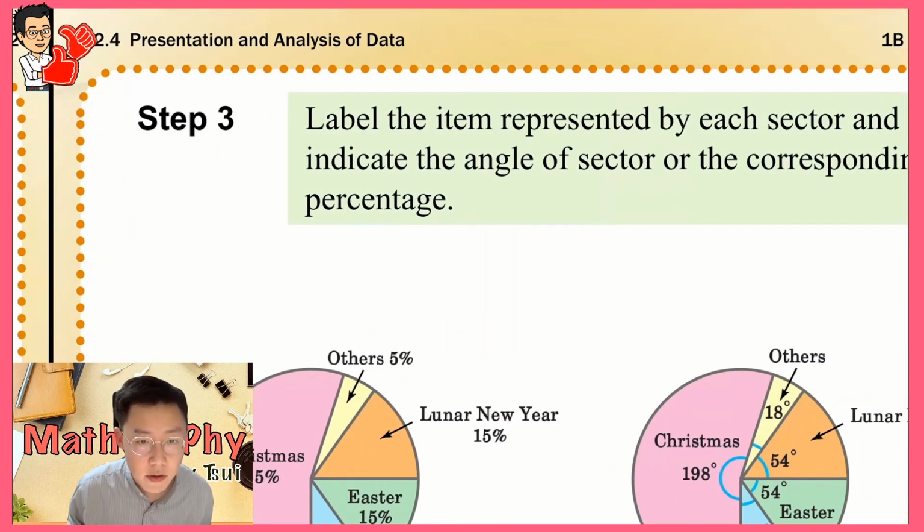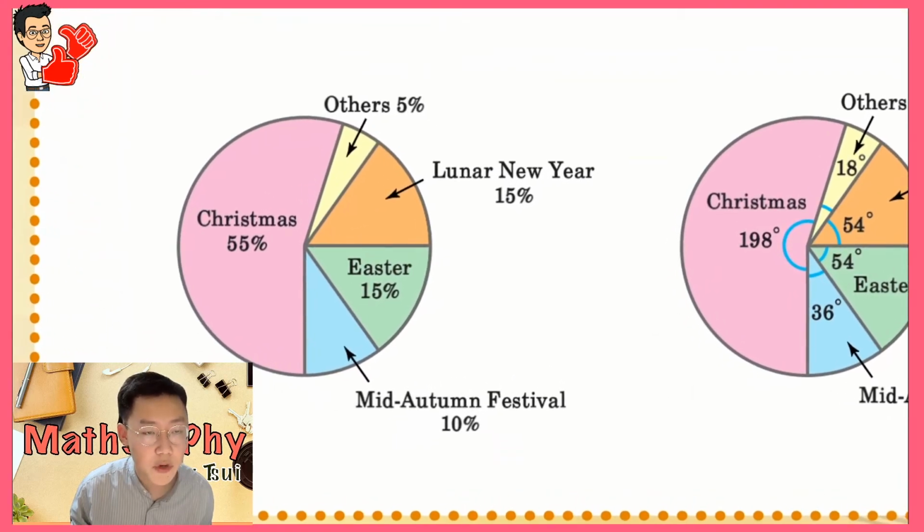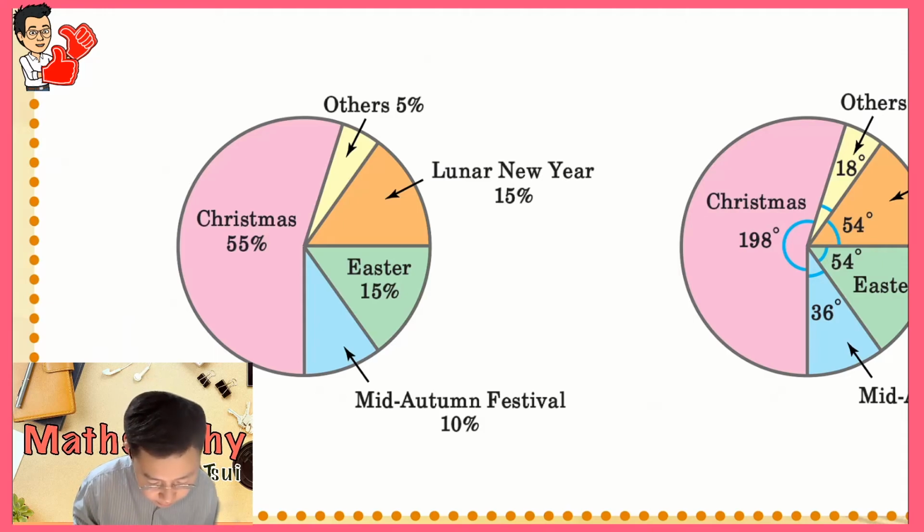Okay, so for step 2, you need to consider which method this pie chart wants to show us. For the left hand side, it is about the percentage, so you just write it down. For example, Christmas is 55%, and the Mid-Autumn Festival is about 10%.